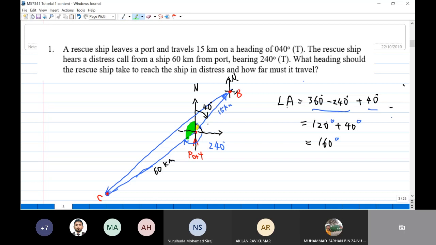It is 360 minus 240, because the bearing of the ship in distress, which is C now, is 240. So 360 minus 240 is the green angle. And then another 40, and that is the yellow angle.